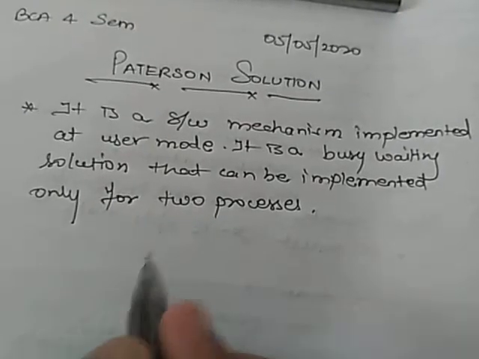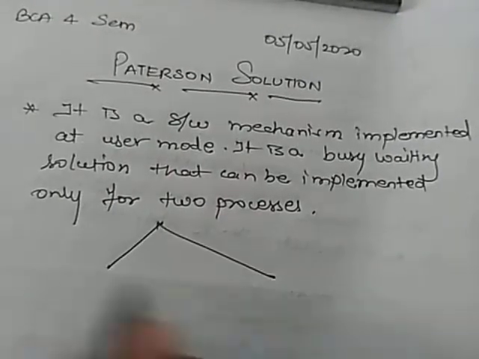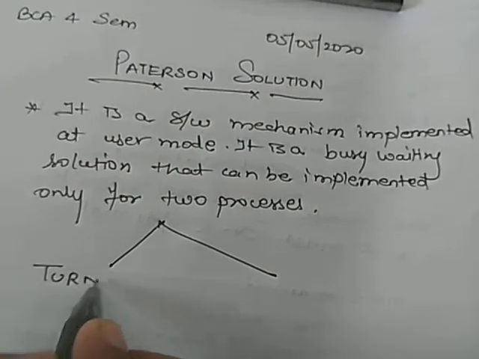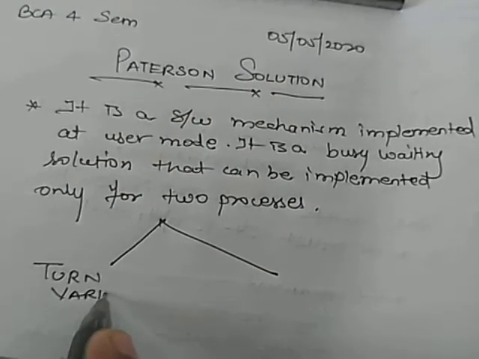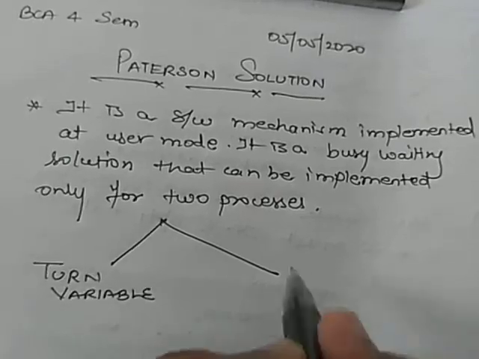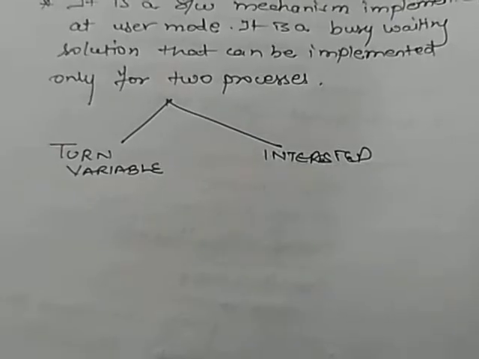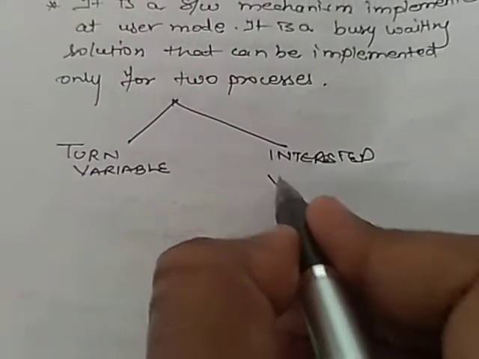Now it uses two variables. One is the turn variable and the other one is the interested variable.